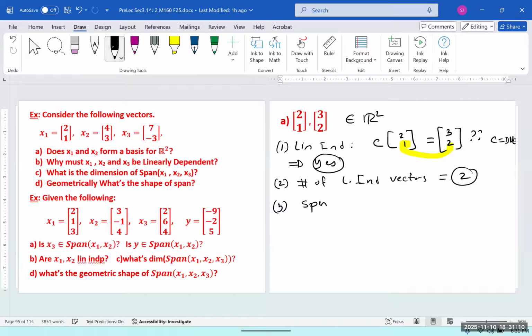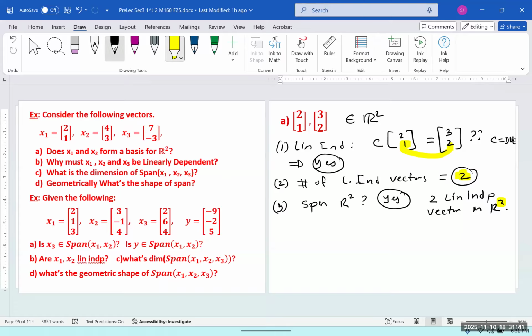Yes, they span R2, because we have 2 linearly independent vectors in R2. If the number of vectors is the same as the dimension of your space, then they span the entire space.